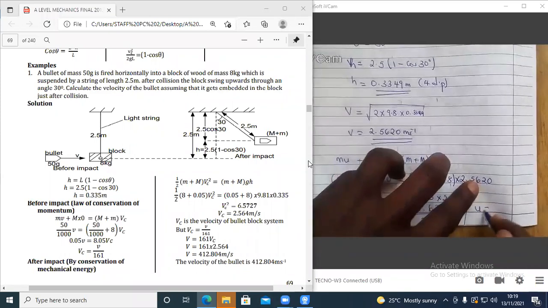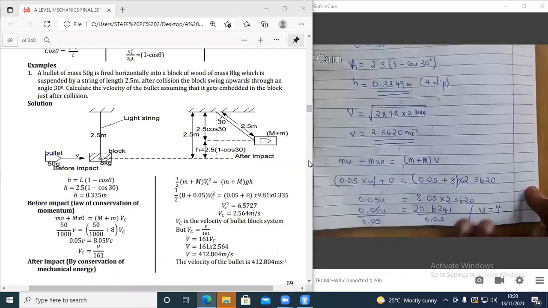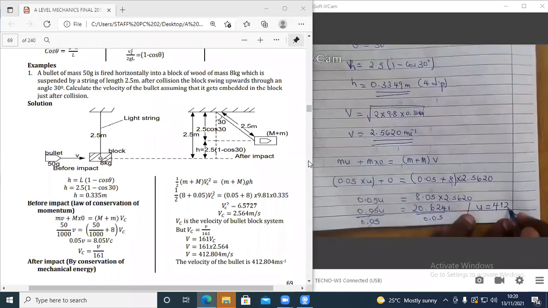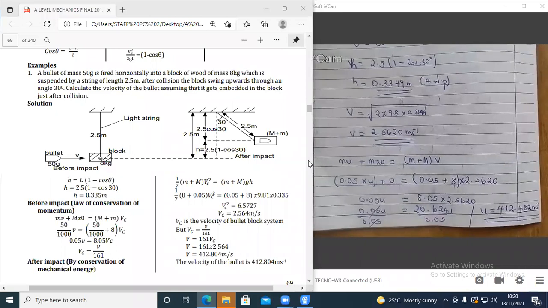So u will be equal to 20.6241 divided by 0.05. What do you get? We shall come out to 412.482 meters per second. So that's the velocity of the bullets before impact.